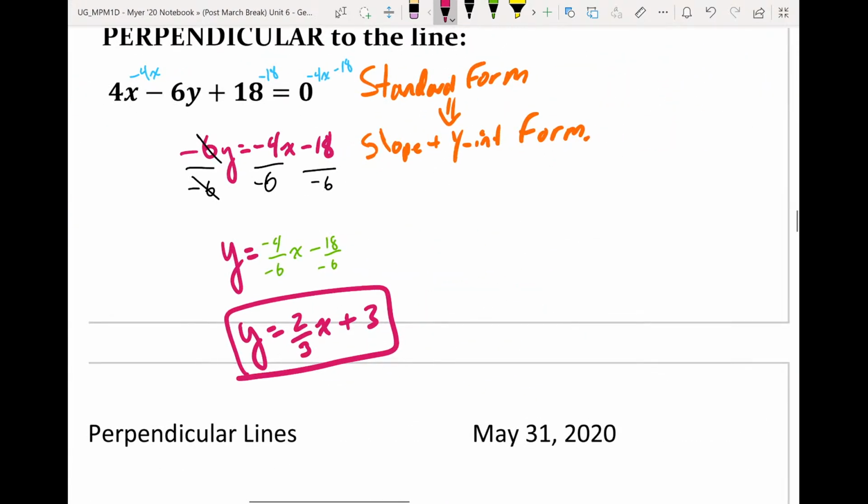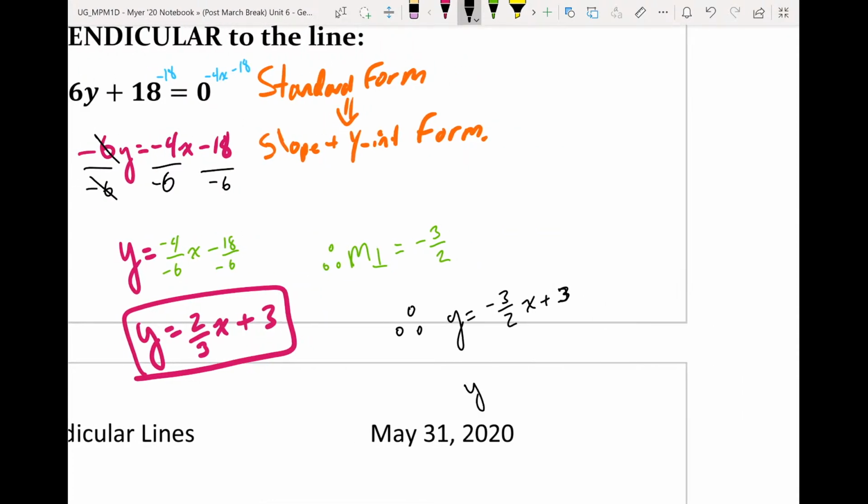So I want to do perpendicular. So I have to take the slope and do the negative reciprocal. So I'm going to say, therefore, the negative reciprocal slope is -3 over 2. So my final answer would be, therefore, y equals -3 over 2x plus 3. And I could try another one.